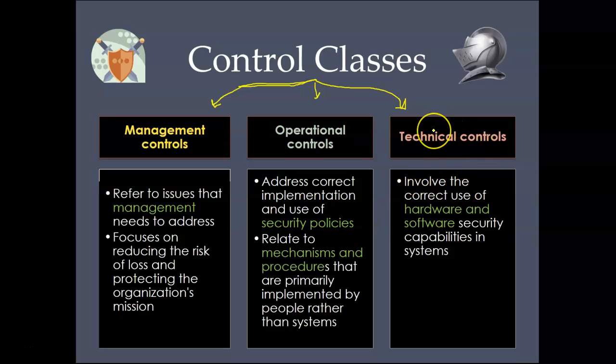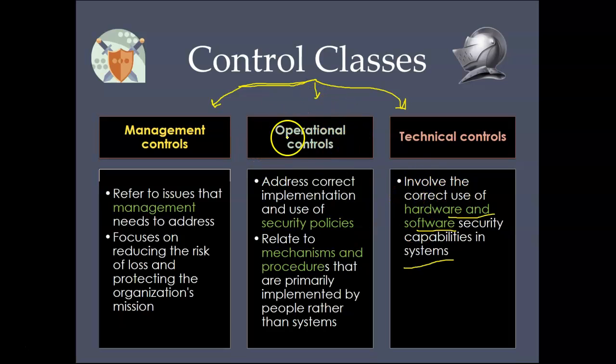If we start with technical controls, it means technical solutions, something related to technology. How can I use technology in order to reduce the risks? By using hardware or software, or by using system capabilities. So technical controls means I use hardware and software in a correct way.